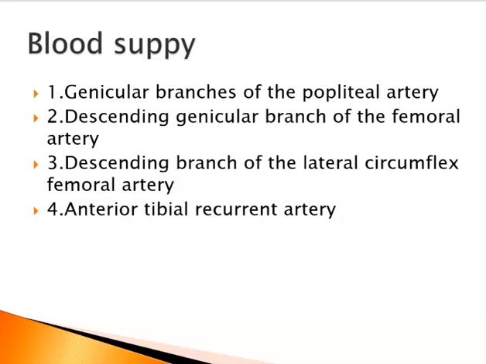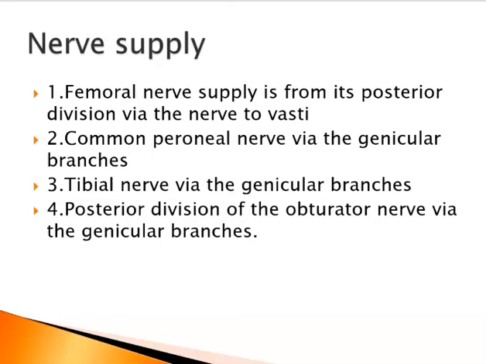Blood supply. Blood supply of the knee joint is from genicular branches of the popliteal artery, then descending genicular branch of femoral artery, then descending branch of lateral circumflex femoral artery, and anterior tibial recurrent artery. Nerve supply.